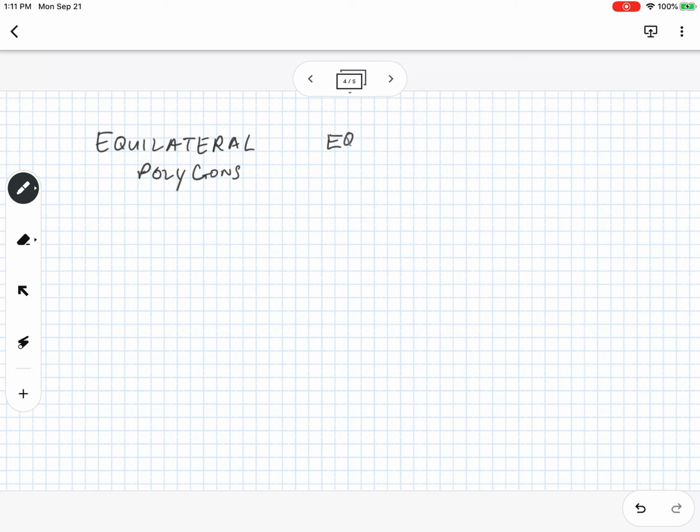So let's write all three down, and then we'll come back and visit each of them. The second type is called an equiangular polygon. And then the final type is called a regular polygon.